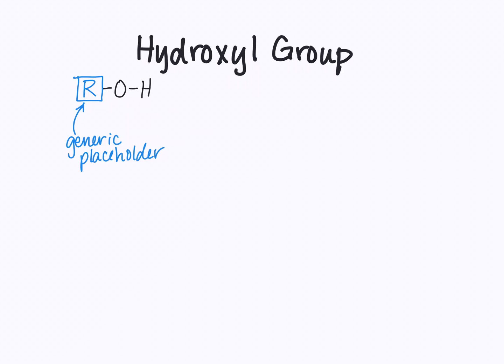So let's take the example of glucose. Glucose's molecular formula is C6H12O6.